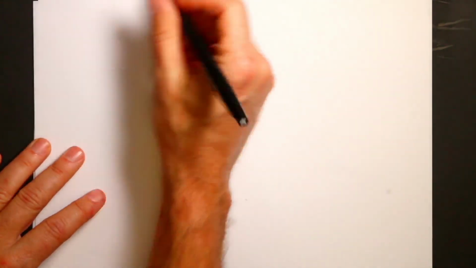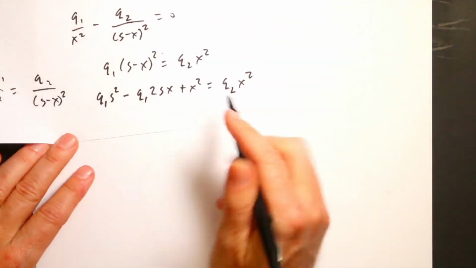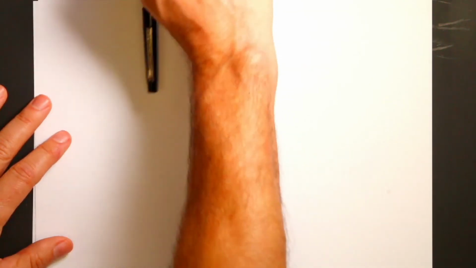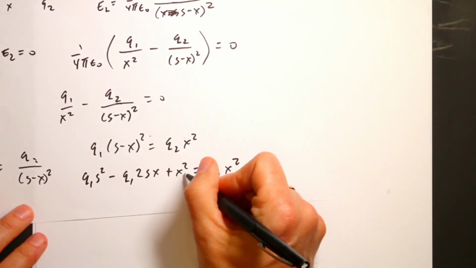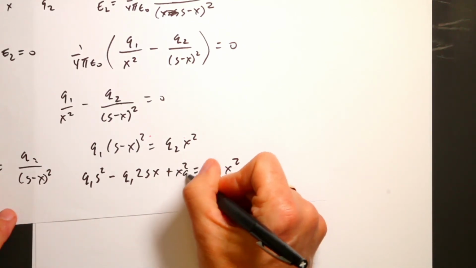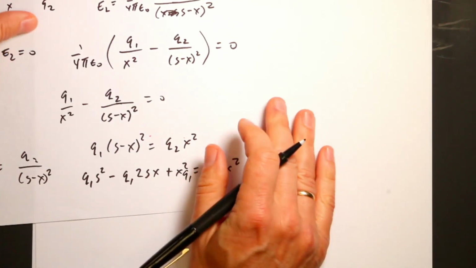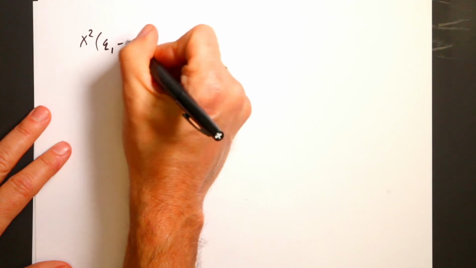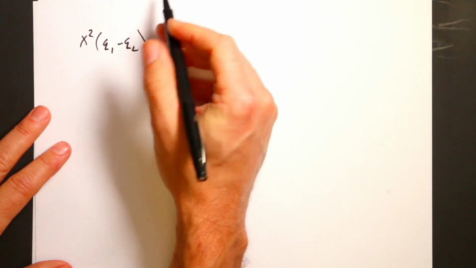I'm going to subtract this from both sides, and I get, oh wait, what the heck? I left off my Q2, Q1. So I get x squared times Q1 minus Q2. Notice there's a big difference there.